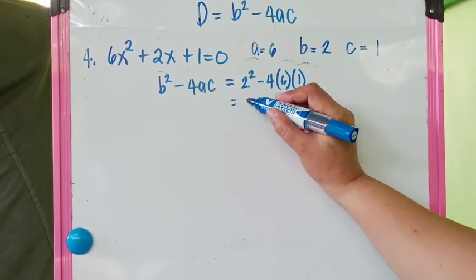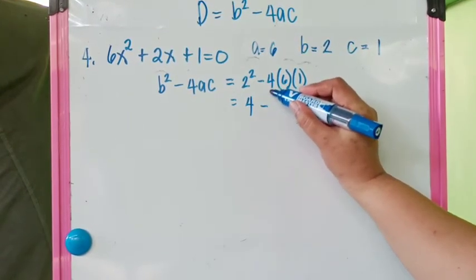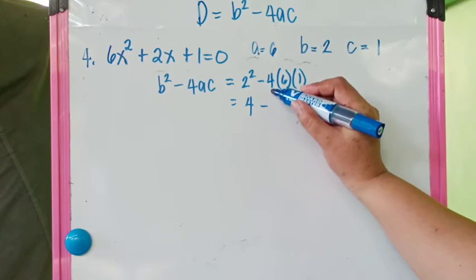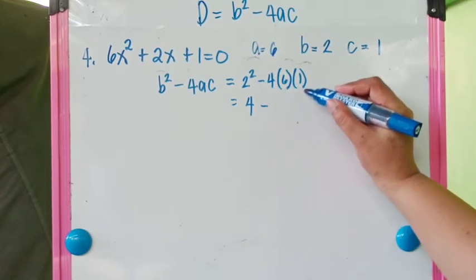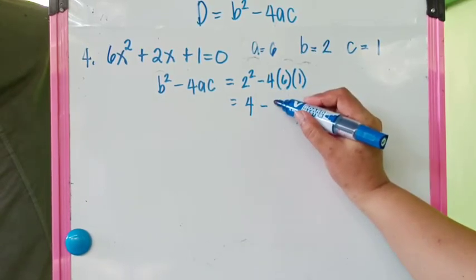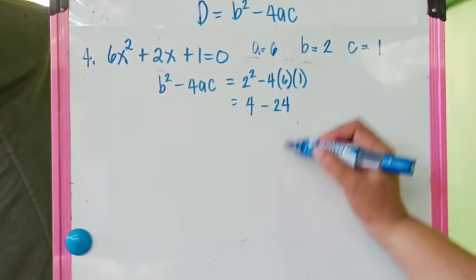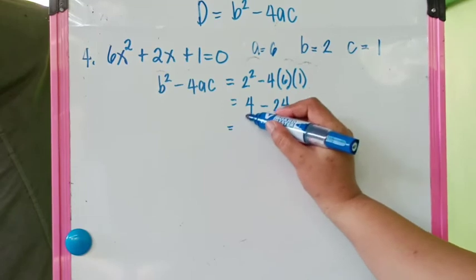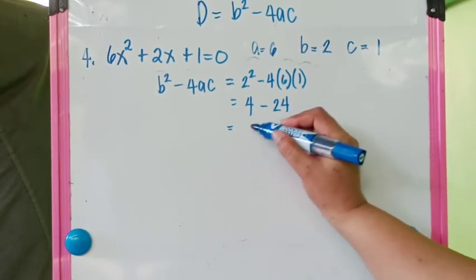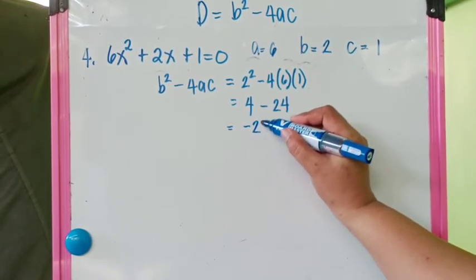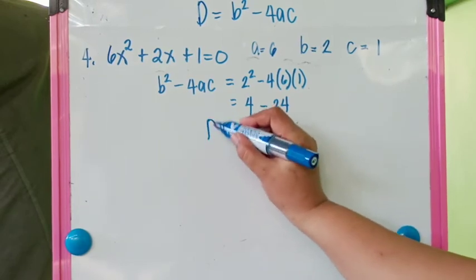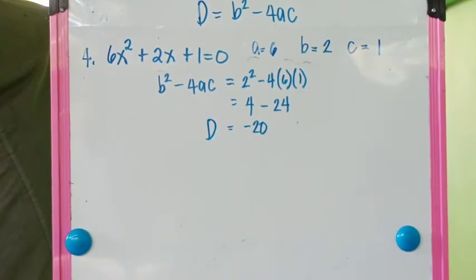So 2 squared is 4 minus 4 multiplied by 6 times 1, which is 24. So 4 minus 24 is equal to negative 20. So the discriminant now is negative 20.